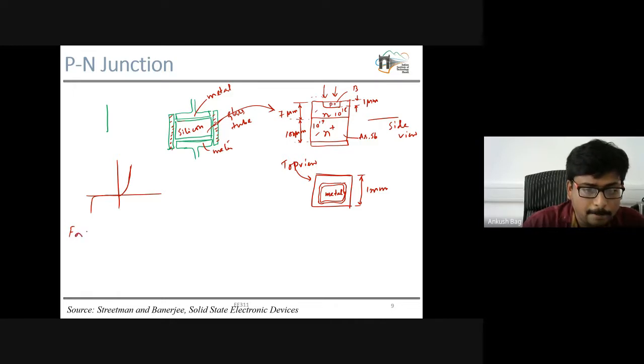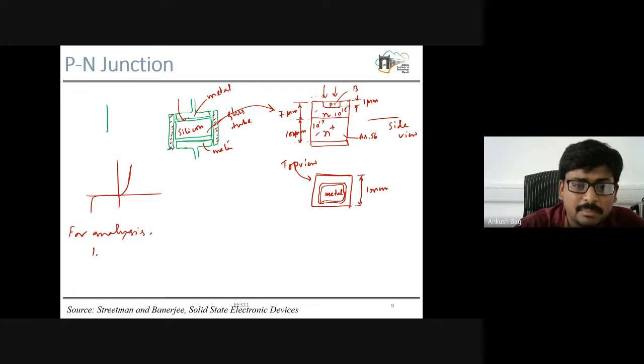So for analysis of characteristics, our assumptions are: the first assumption is the resistance coming from the metal-semiconductor junction here and the metal-semiconductor junction here.